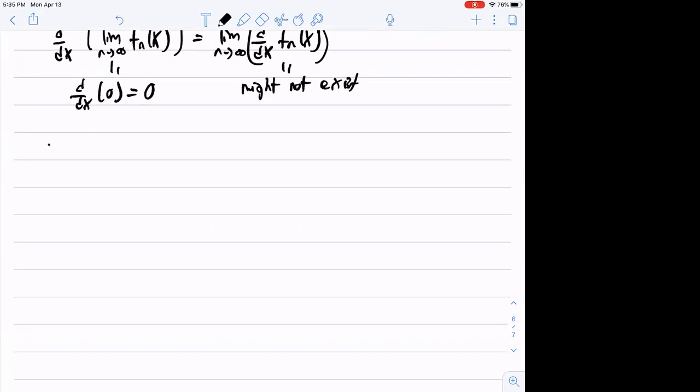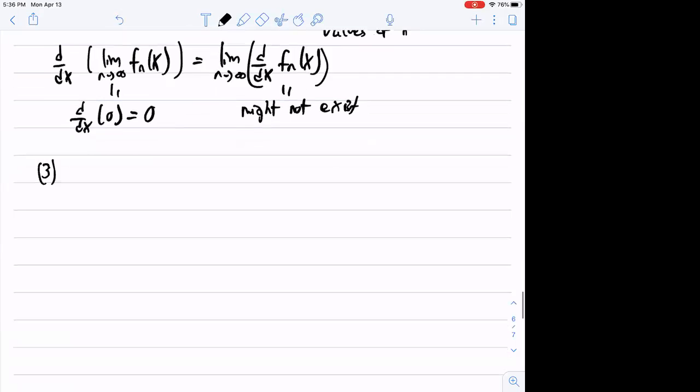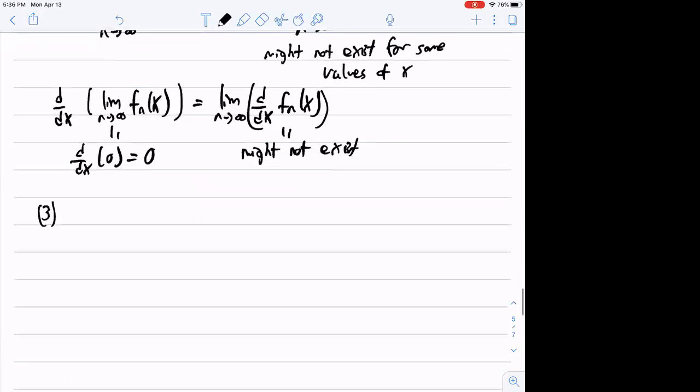And last one, so did I number this? No, sorry, I put question. So each fn of x is continuous for all x in [0, 1]. These are brackets. Certainly if you plug in n equals 1, you get x, n equals 2 is 2x squared, n equals 3 is 3x cubed. These are continuous functions, right?